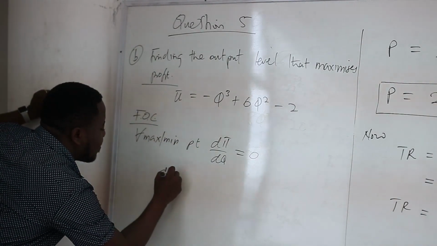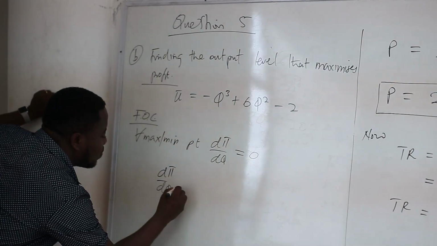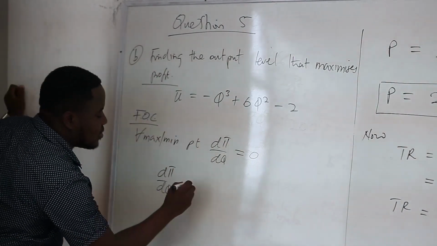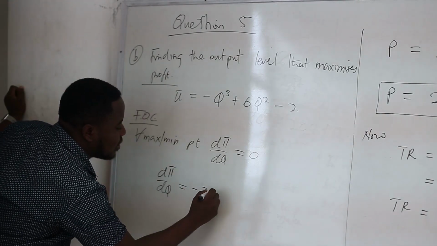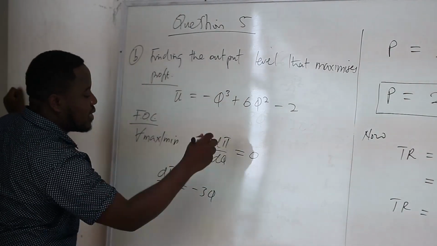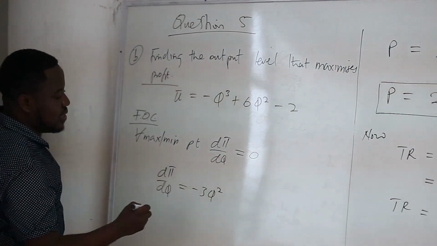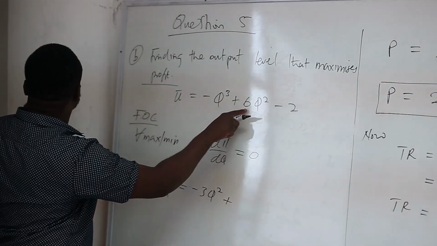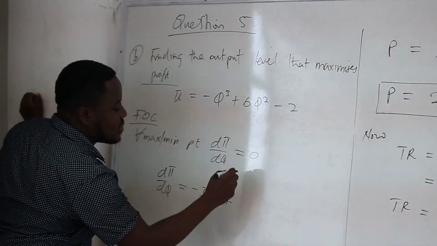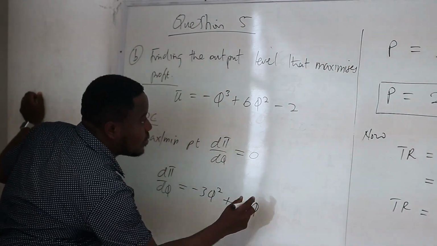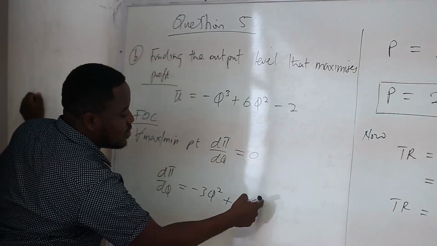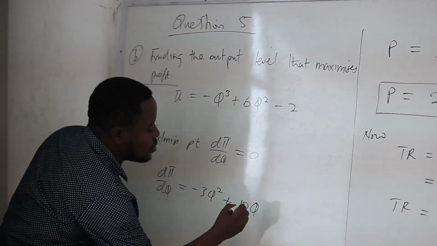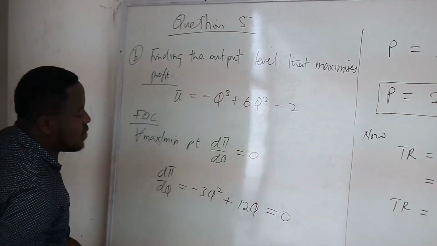So we have d pi dq is equal to, so bring the exponent down, so we have minus 3q, you subtract 1 from the exponent, so we have squared, plus, so we bring this exponent down to multiply this, so we have 12q, we subtract 1 from this, so we bring it to the power 1. And the condition states that we should equate this thing to 0.